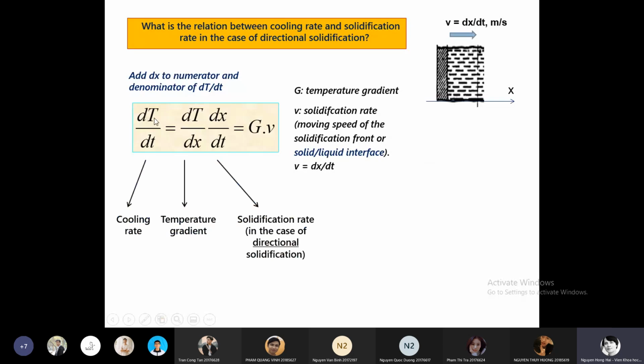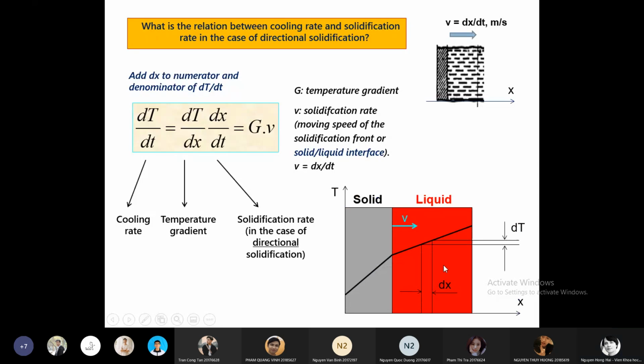So we have the cooling rate, the temperature gradient, and the solidification rate, and a very simple relation between cooling rate and solidification rate via the temperature gradient. You can find the temperature gradient like this. In the interval dx, you have the temperature profile like this.